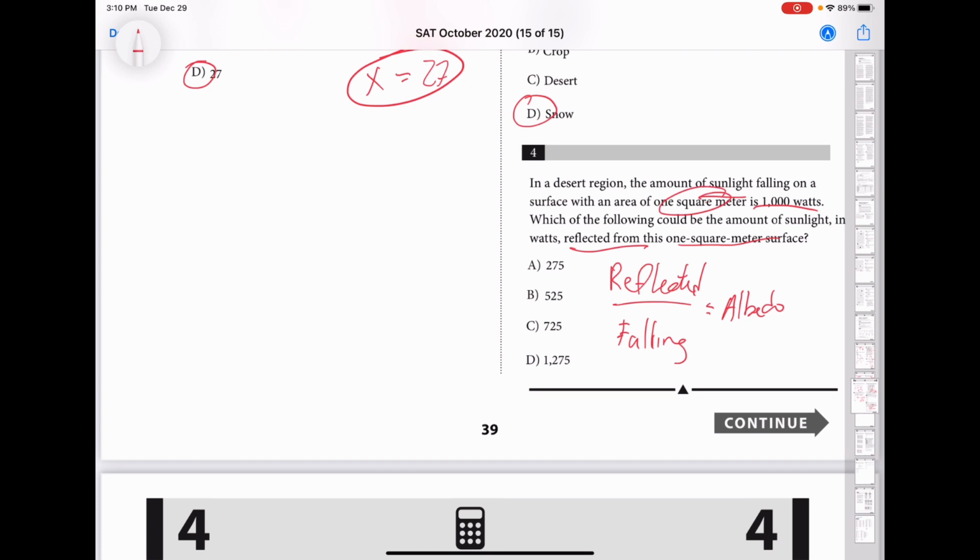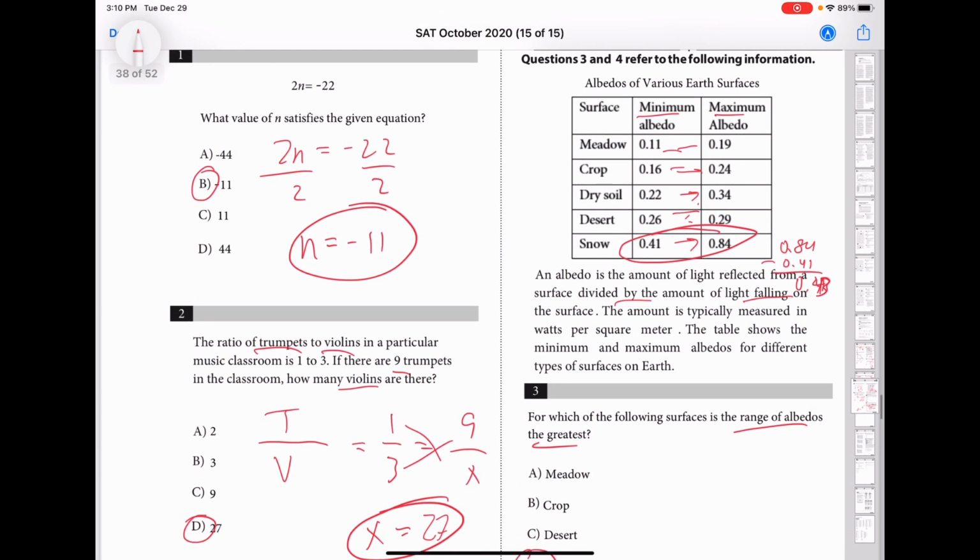All right, so we have a falling amount of 1,000 watts. I'm just going to put my work over here. We don't know the amount reflected. That's our x. The falling is 1,000 watts. And we're going to have an albedo. The albedo range for desert is between 0.26 to 0.29.